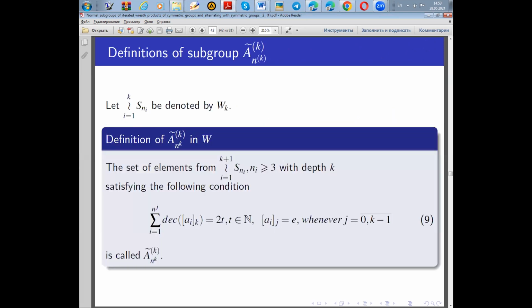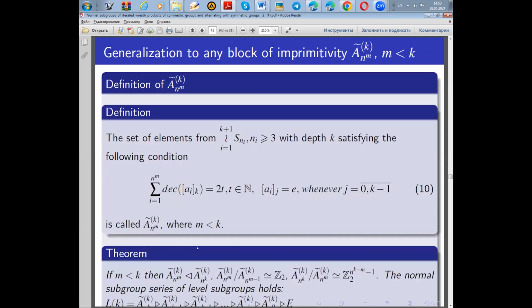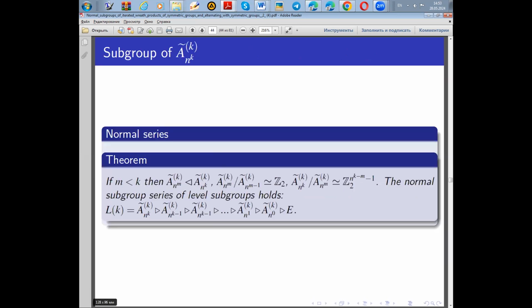Okay, and here is the definition of A tilde K and K. I have introduced it. And we have the following isomorphism. The quotient A tilde K and M by A tilde K and M minus 1 is isomorphic to Z2. A tilde K n K by A tilde K and M is isomorphic to Z2 in power n^k minus n^m minus 1.